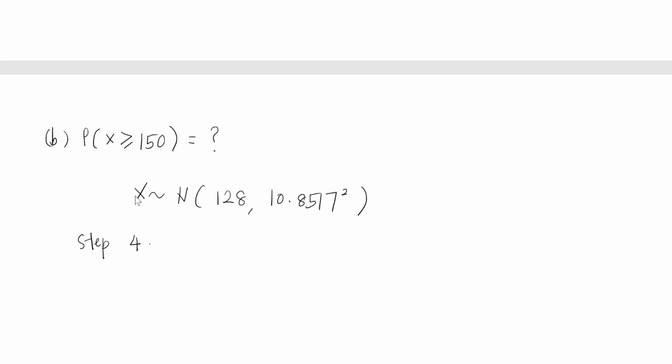So we go to step 4, using theory 13 or continuity correction.